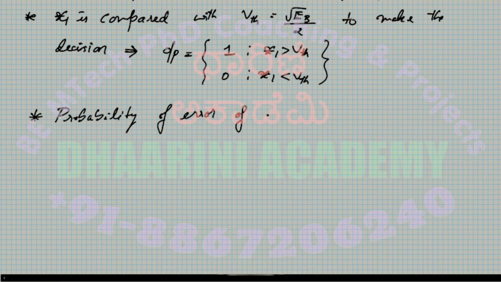Probability of error of ASK. Just recall what was covered in college. Are they dealing with the complete derivation of the probability of error, or are they just mentioning the results? What is the equation?